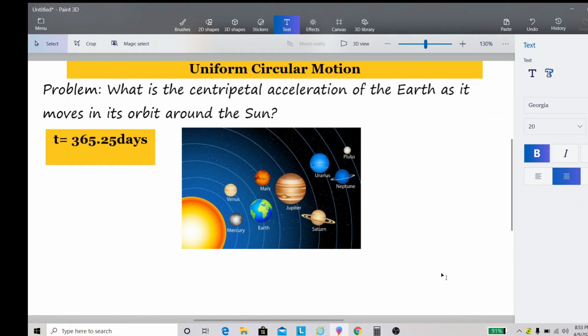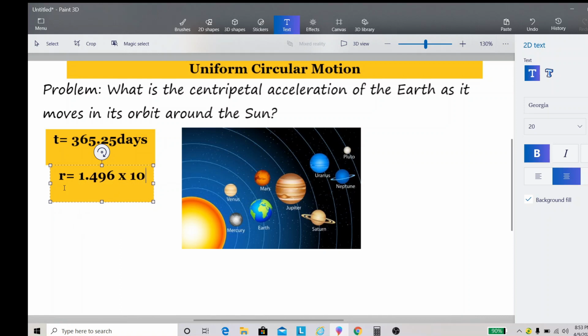So, ang layo daw ng Earth or nitong orbit na to doon sa Sun is approximately, sulat natin ha, 1.4. So that will be the radius is equal to 1.496 times 10 to the 11 power.